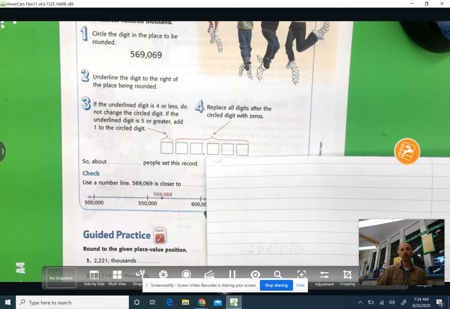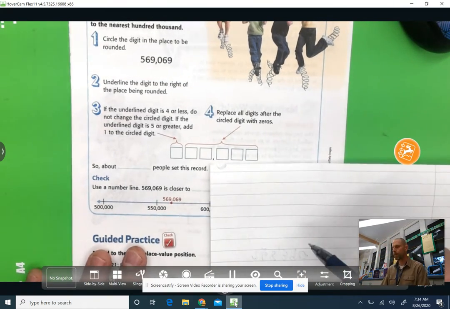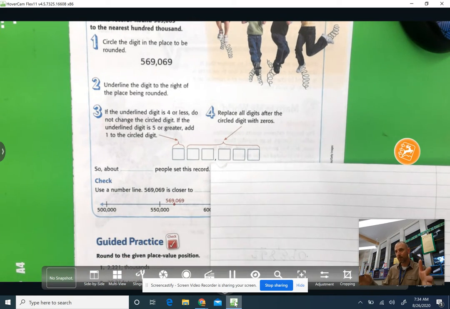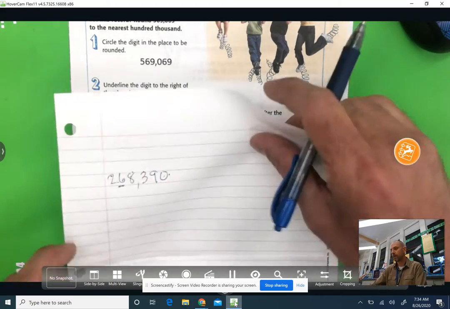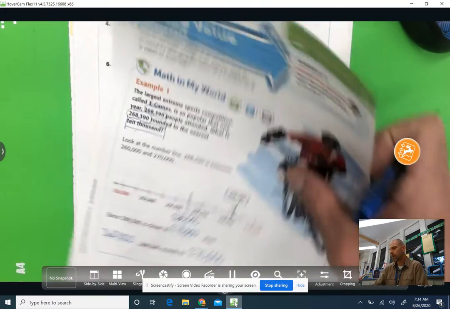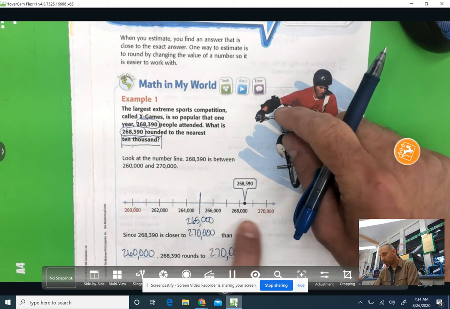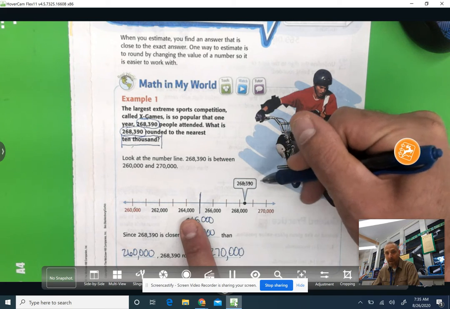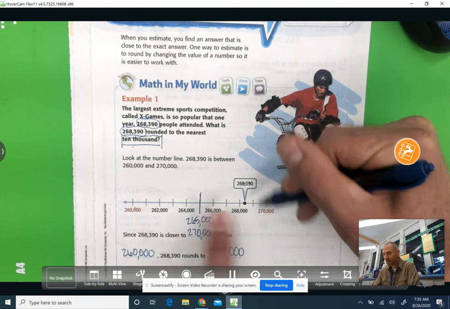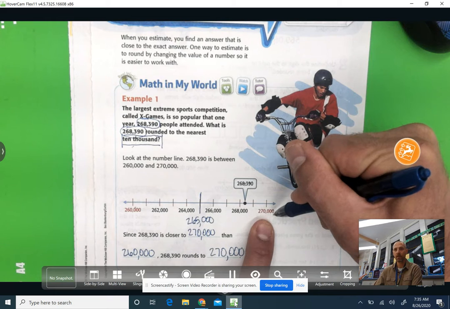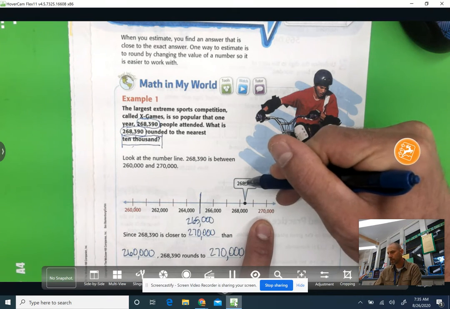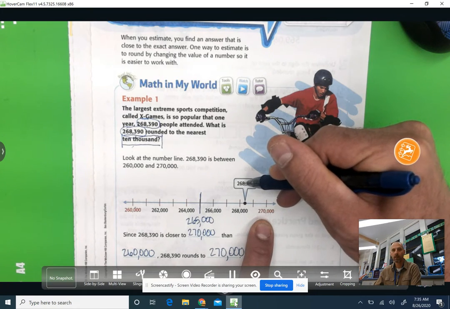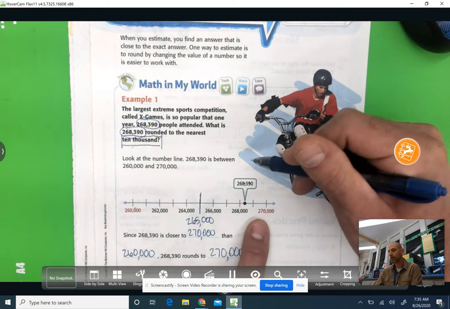And when we're talking about 5 or more or 4 or less, okay, we're trying to figure out, is the number bigger than our middle point, right? 5 or more. That 8 is 5 or more. And so it made the number 268,390 soar to 270,000. Okay. And we're looking at the 8 because we're rounding to the nearest 10,000s place. And you always look to the digit to the right of the place that you're rounding. Okay. All right.